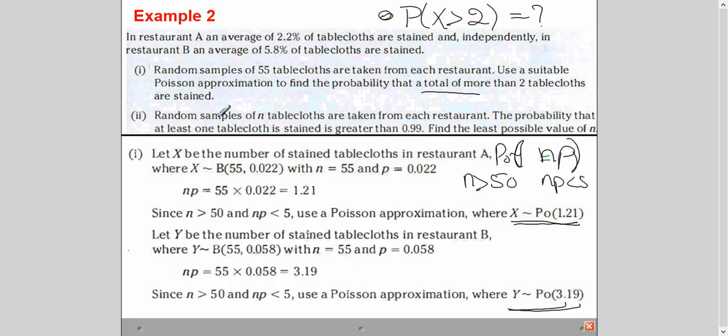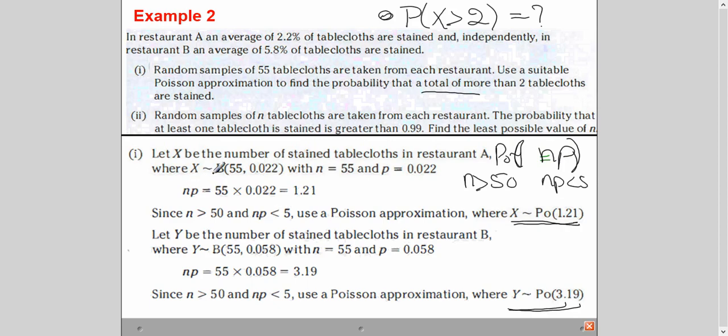Now something very important. Instead of 55 tablecloths, this question is saying that a random sample of n tablecloths are taken and the probability that at least one of them is stained is greater than 0.99. So we will make this question in a while. First of all, we need to understand if it is n tablecloths, then how we will find the new lambda, right?